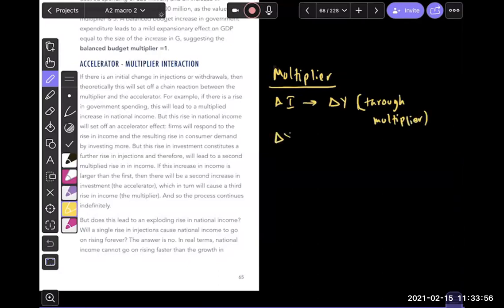But whenever there's a change in Y, that will lead to a change in I through your accelerator. What if they're working together?